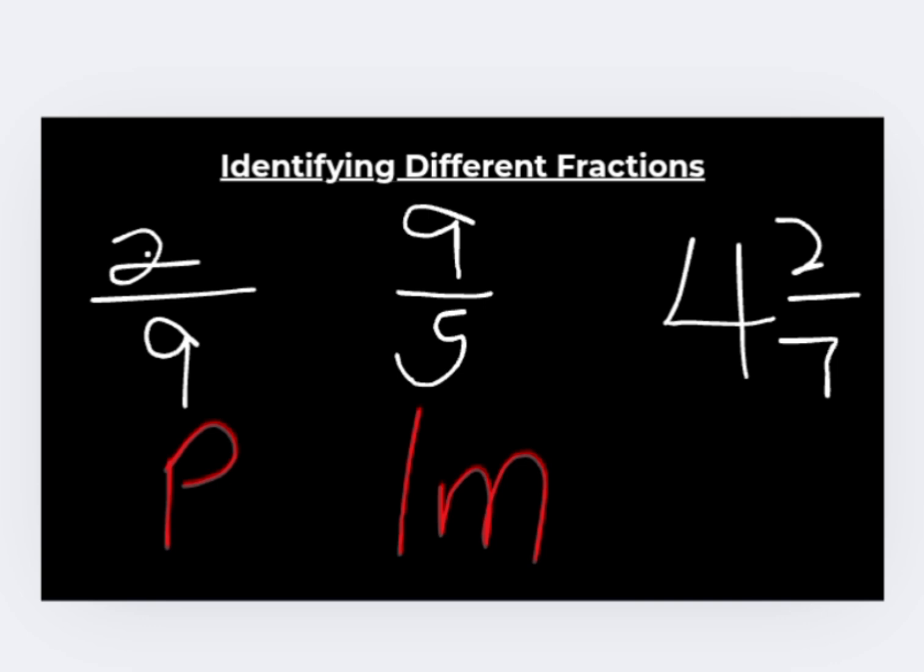The reason is that 9 is bigger than 5. And 4 whole number 2 over 7 is a mixed fraction or a mixed number because it has a combination of a whole number, which is 4, and a fraction, which is 2 over 7. Is that taken? Okay, let's move on.